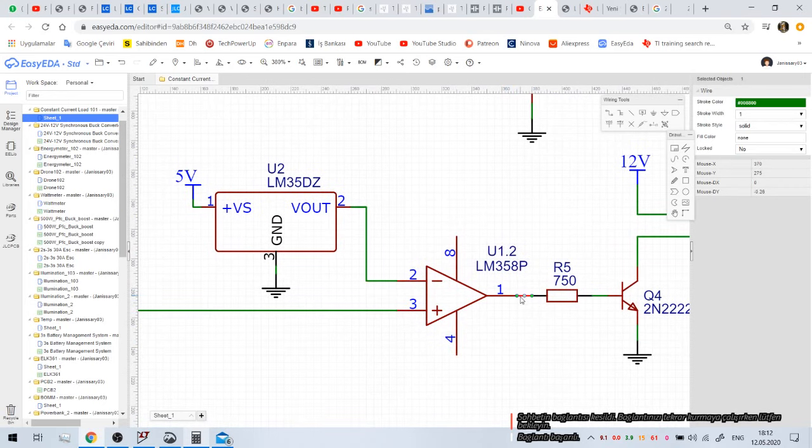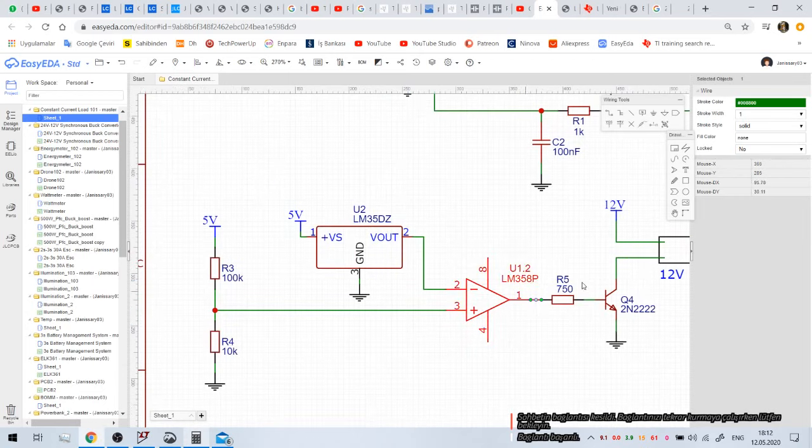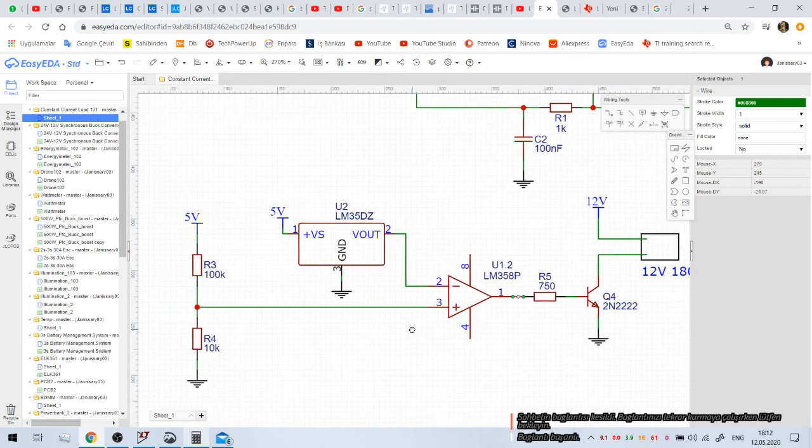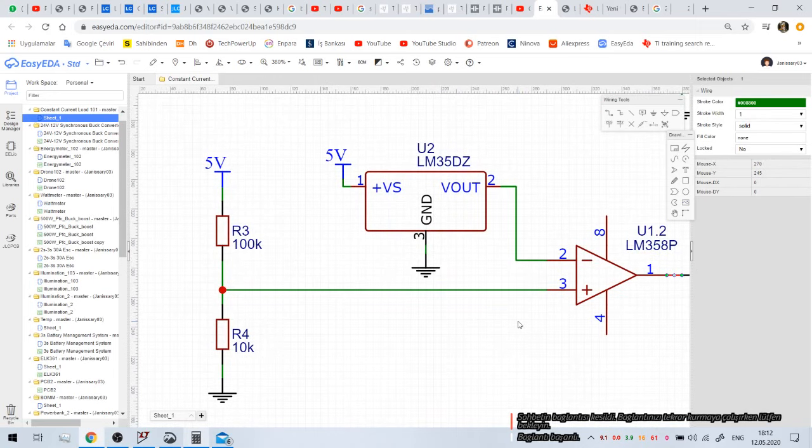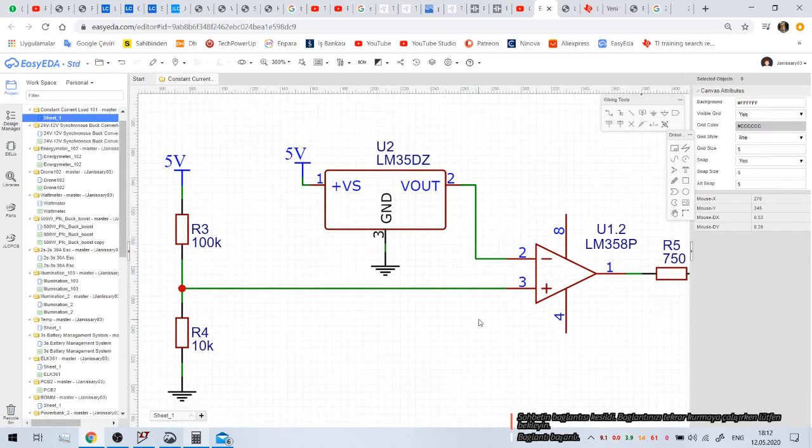So if the op-amp output increases, the output voltage is increasing, this fan will blow. So that, what can I say?